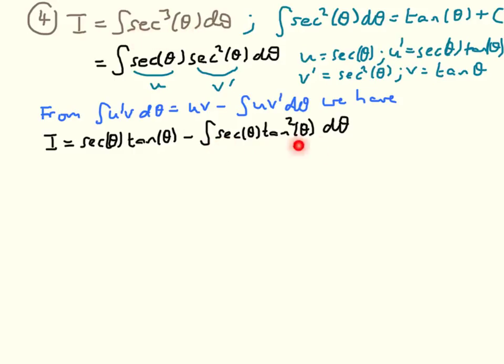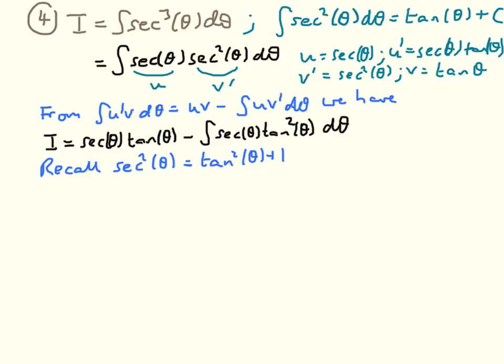integrand, but there is a very useful identity that we should now recall, and that identity is that sec squared theta is tan squared theta plus 1.